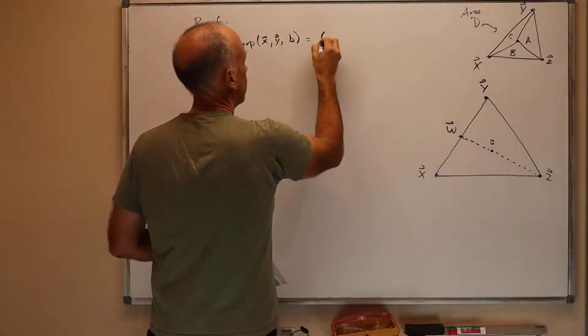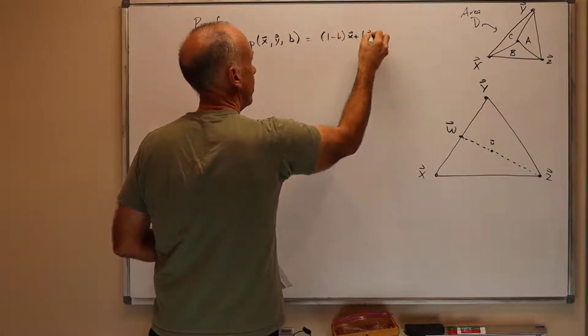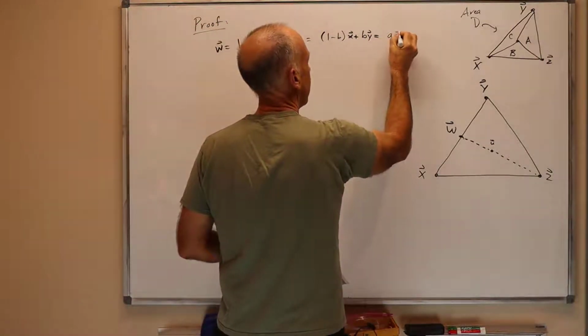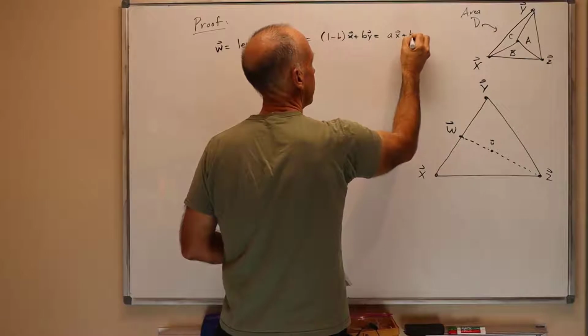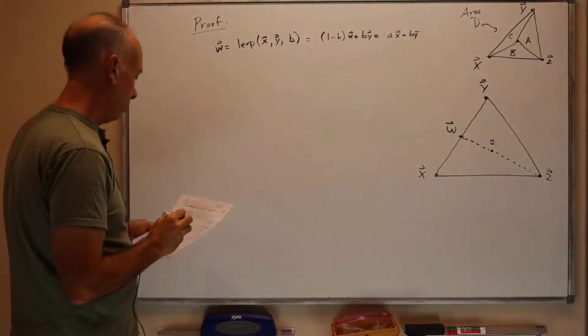And that, of course, was (1 minus b) times X plus b times Y, just by the definition of lerping. And we called 1 minus b, A, and so it's the same as aX plus bY. So that's the formula for W.